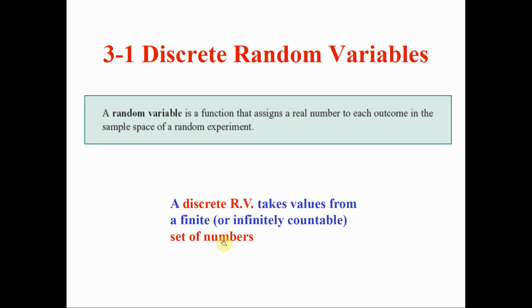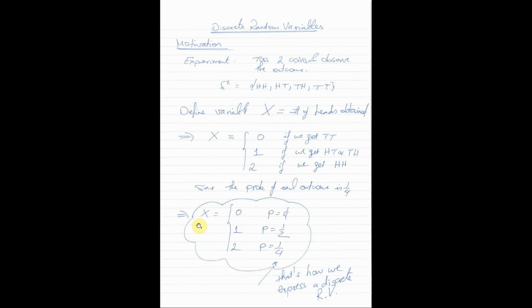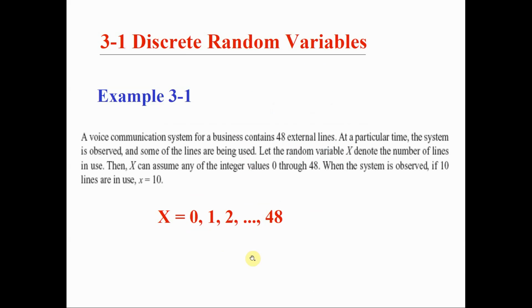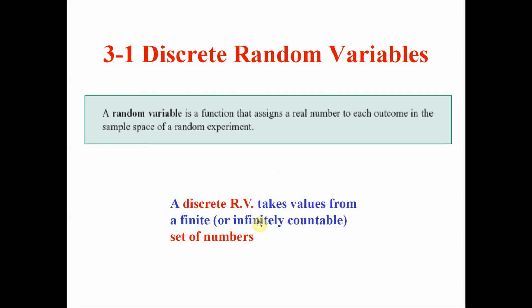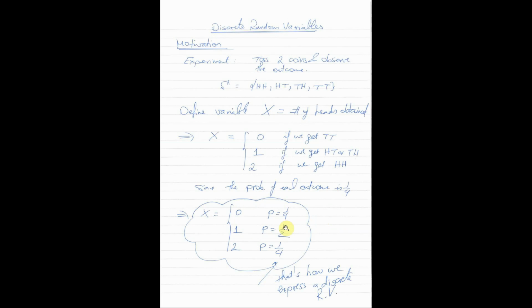That set of numbers could be finite, as what you see here, 0 or 1 or 2. It could be infinite as well, by the way, but it has to be countable all the time. So if we have a variable x which is 0 or 1 or 2 or 3 and so on until infinity, it's still discrete.